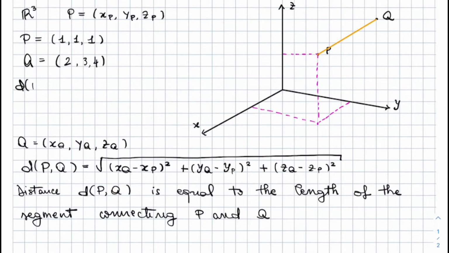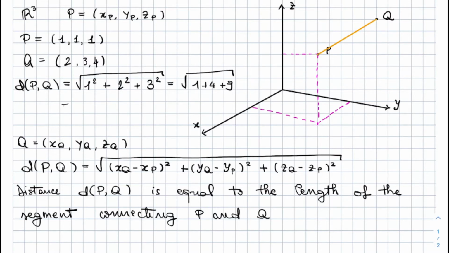Then the distance between P and Q, using the formula we wrote here, is given by the square root of 2 minus 1, which is 1 squared, plus 3 minus 1, which is 2 squared, plus 4 minus 1, which is 3 squared, which means the square root of 1 plus 4 plus 9, which is equal to the square root of 14.